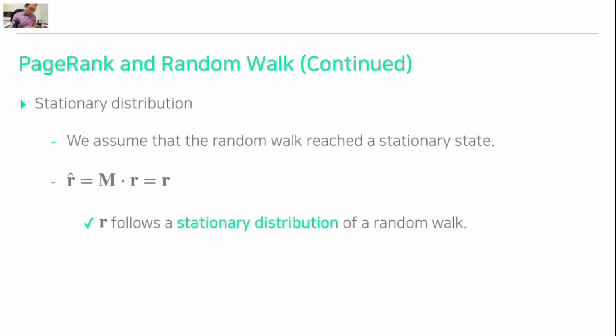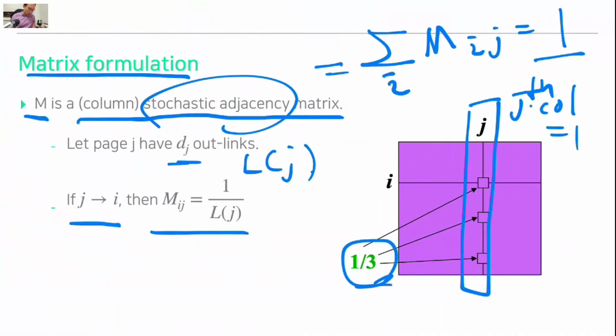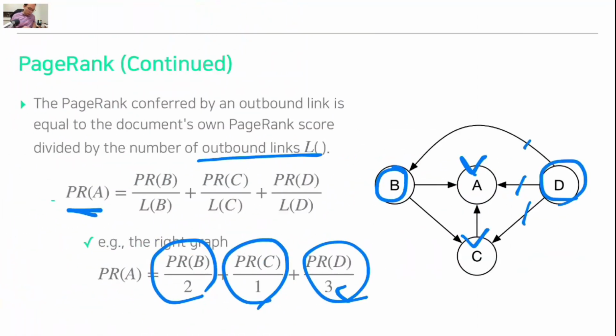Now we know the matrix computation for the PageRank computation, and when we keep multiplying the matrix M, the multiplication of the matrix M is the same as the multiple propagation of the PageRank score, right? We started with the initial PageRank score of each node.